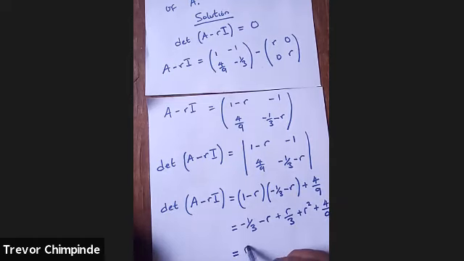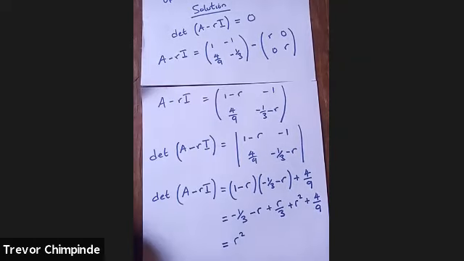So this is equal to R squared, and then we add the like terms.